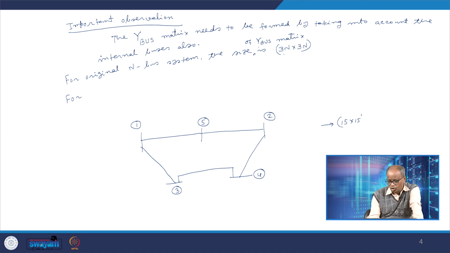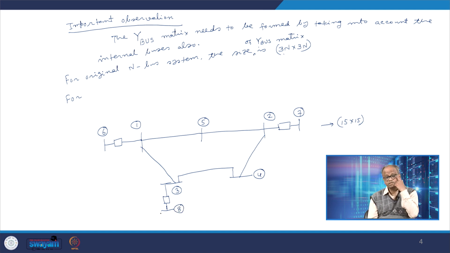But then after we augment the system by the internal buses like this, so this is bus 6, this is bus 7, and this is bus 8. So then therefore, now my system size is actually 8 bus. So now my augmented system is an 8 bus system.